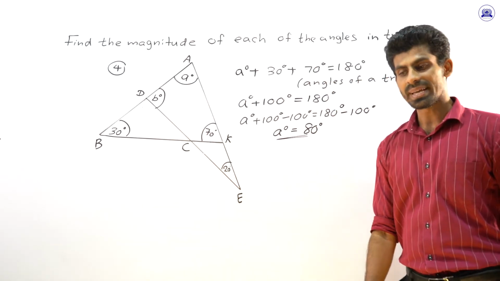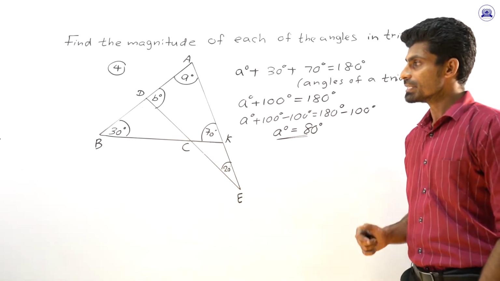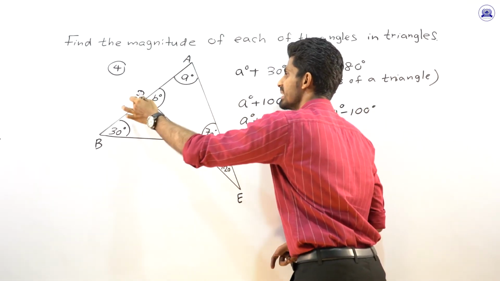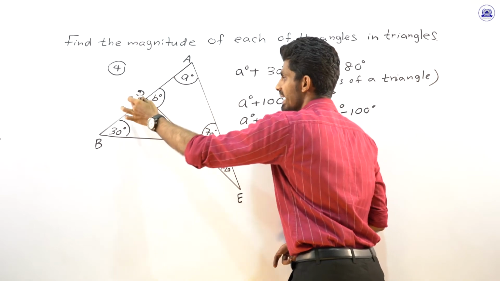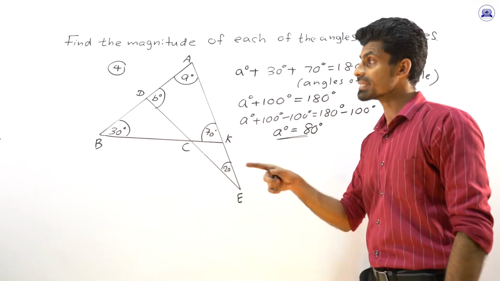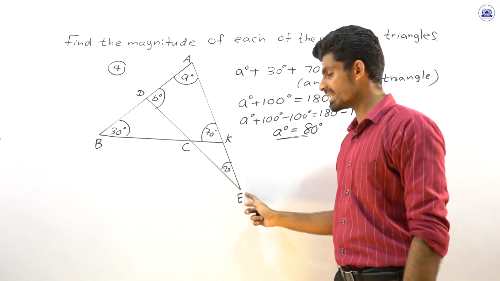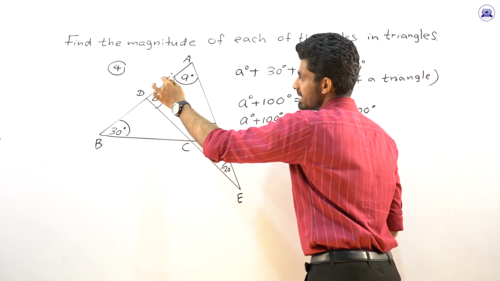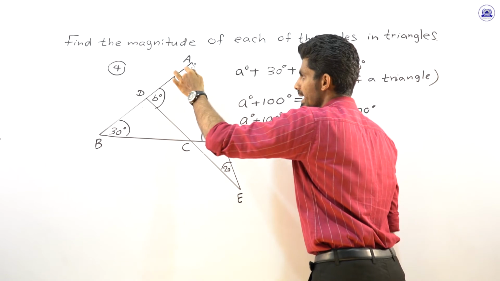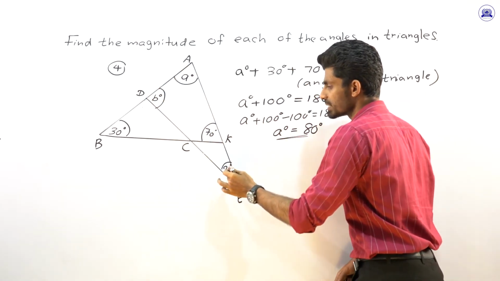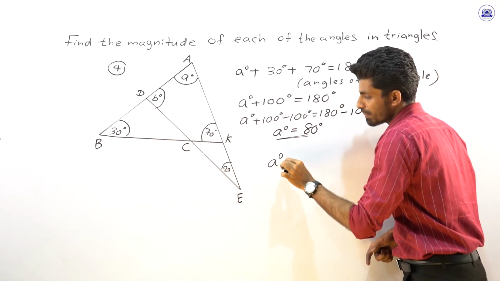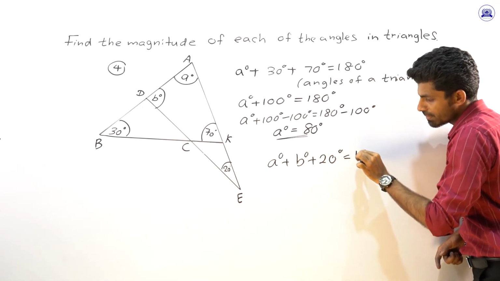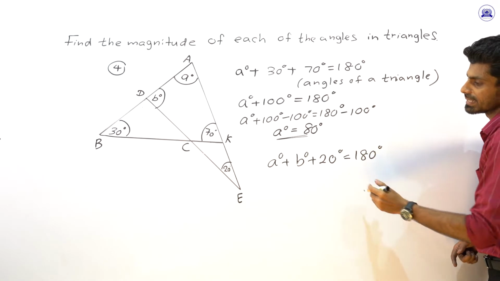Now you need to consider the triangle ADE. Let's do that one. Just consider that triangle, A plus B plus 20 equals 180.